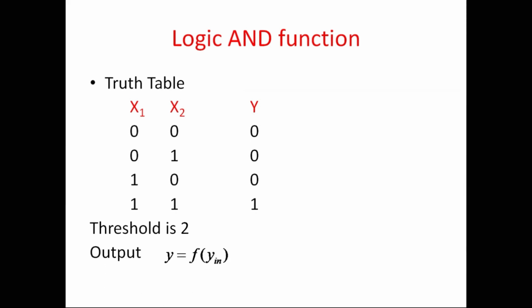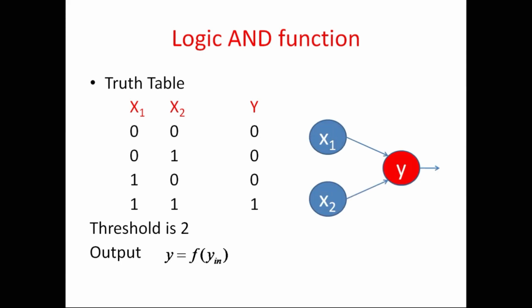Output, as you know, y is equal to f of y_in. X1 and X2 are the inputs and y is the output. Here we have taken only the excitatory inputs. Actually we need to write 1 and 1 here, but you can write whatever you want. Weights are in your hands and the threshold is in your hands, but you need to get the final output. So here I have taken 1 and 1.